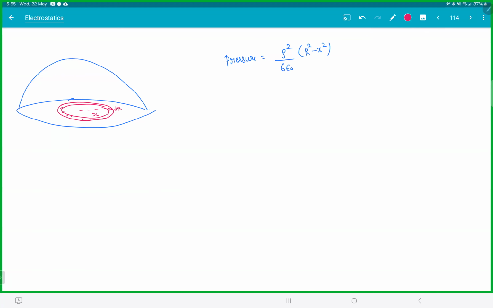So what is the force acting on this small ring? The force acting on this ring is pressure into area, which is 2 pi x into dx. So if I integrate this, won't I get the force on that entire disk?